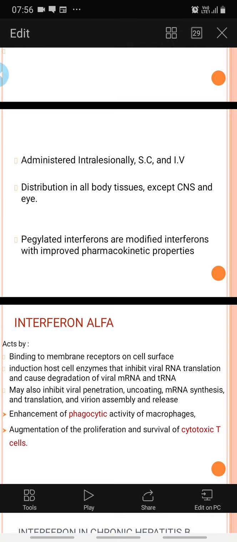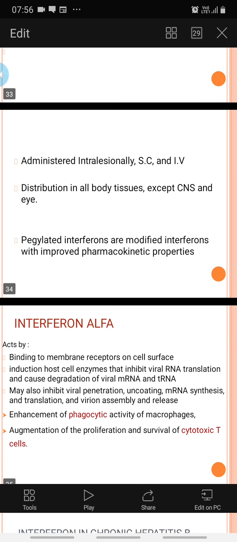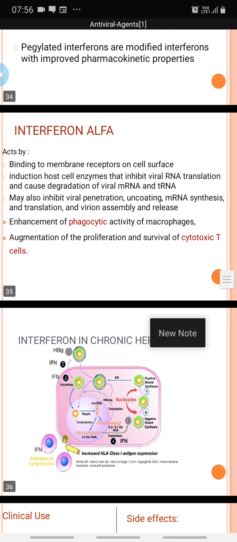So different steps of the virus life cycle: if you remember the virus life cycle, from binding to penetration to uncoating, replication, translation, as well as viral assembly and release, all steps can be inhibited by interferon. There is enhancement of the phagocytic activity of macrophages, and augmentation of the proliferation and survival of cytotoxic T cells. So these are the mechanisms of action of interferon alpha.